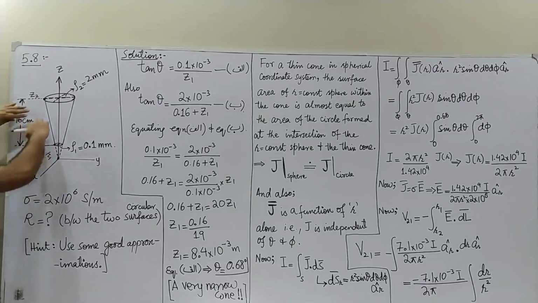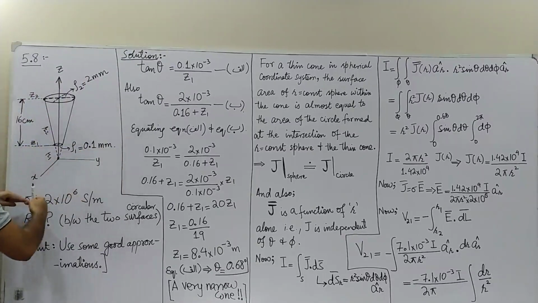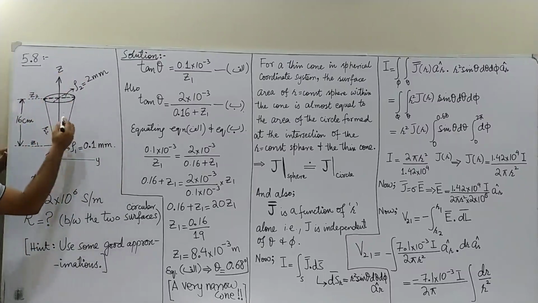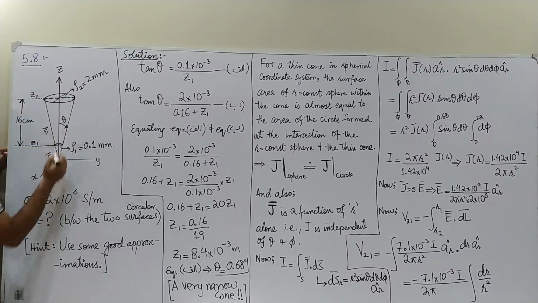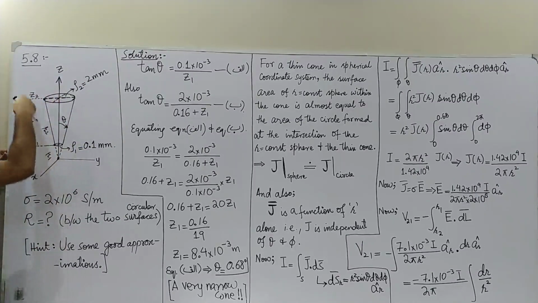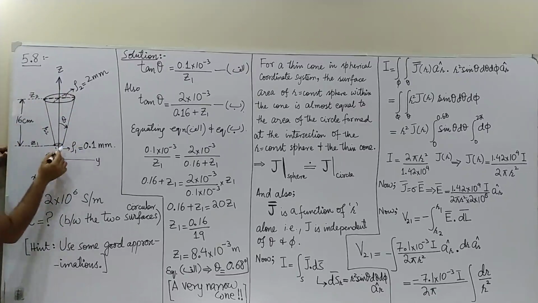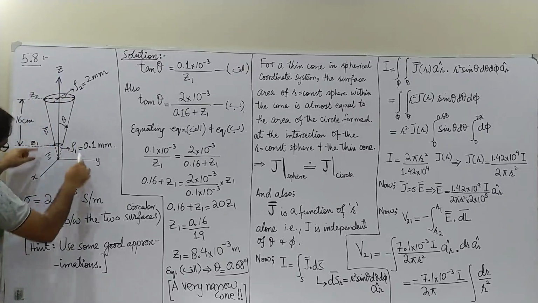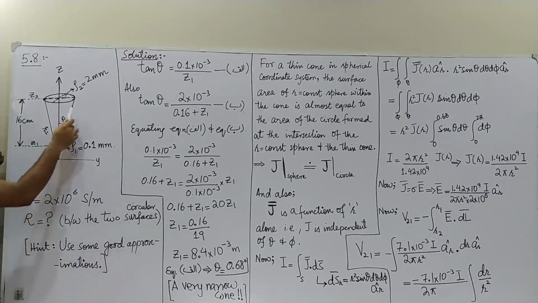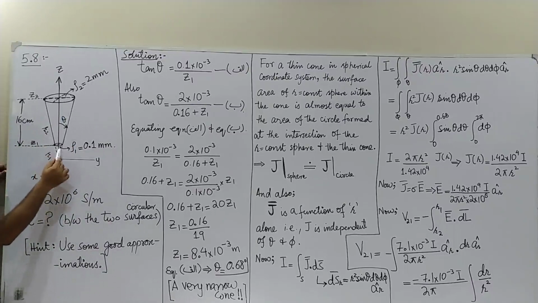So imagine a sphere r equals r2 here, and a cone whose angle with respect to the z-axis is theta. The intersection of these two gives us this circle, and r equals r1 is again a sphere, and the same cone intersects it where both surfaces intersect.